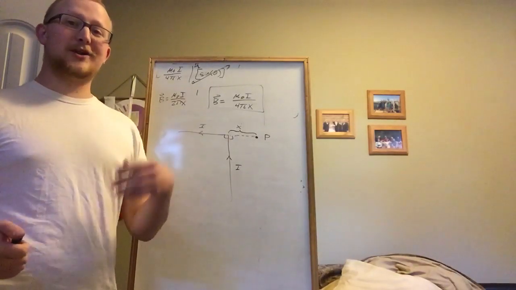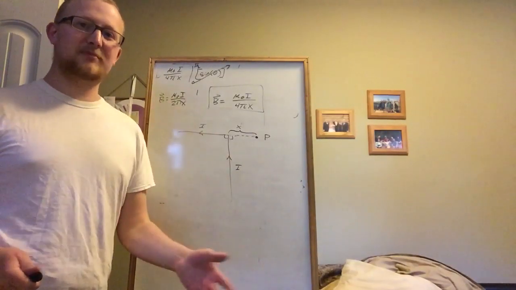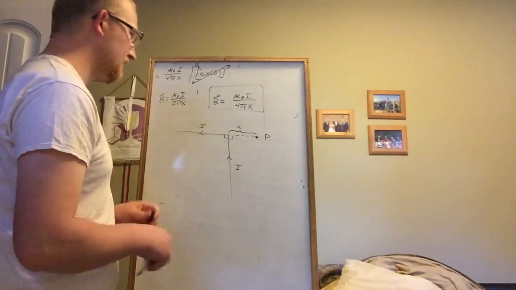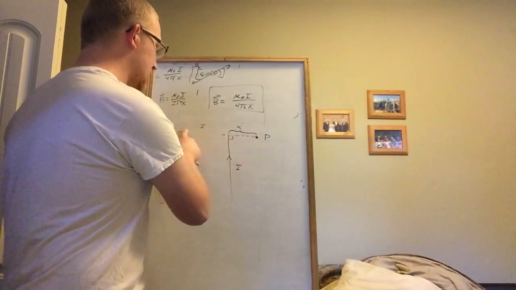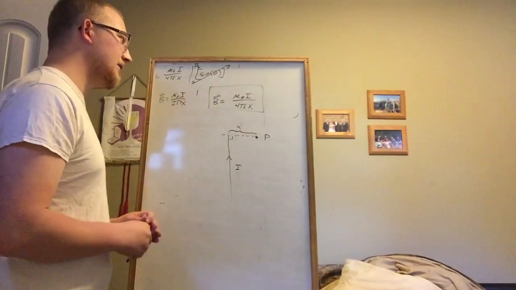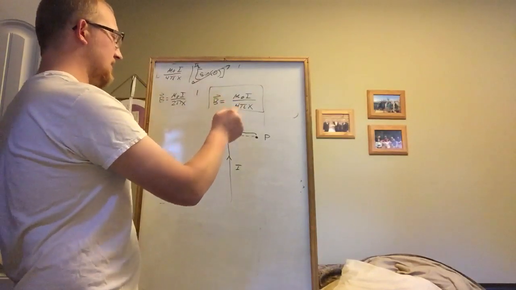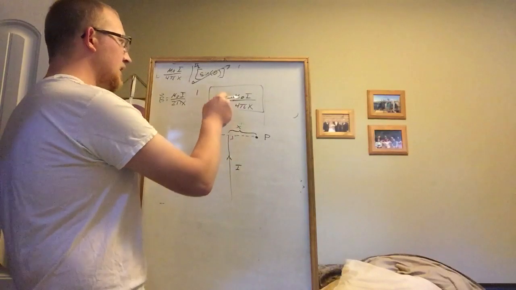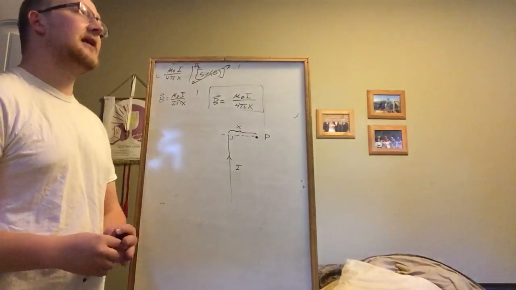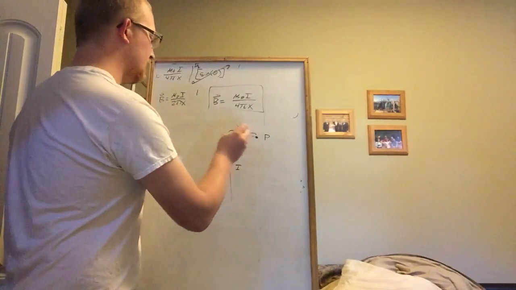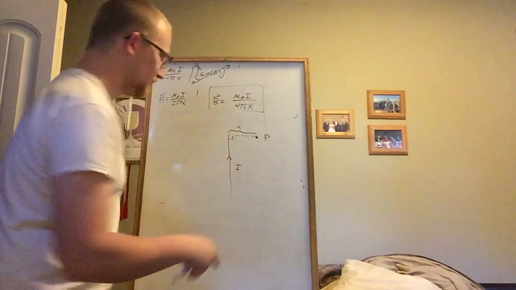I definitely recommend watching the video that I did before this one, part 1, to see why that goes to 0. So what we ended up with is figuring out that the only thing that mattered was this current carrying wire, and we found that the B field at some distance P away from this perpendicular connection there is equal to mu sub naught times I divided by 4 pi x, where x is the distance that P is away from the wire.